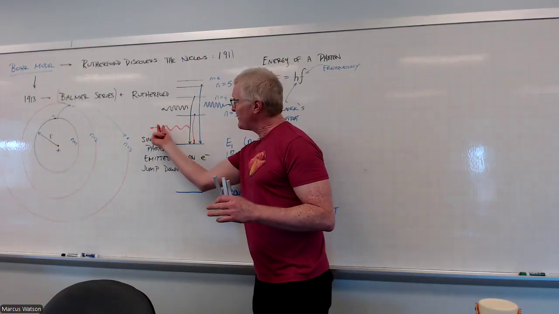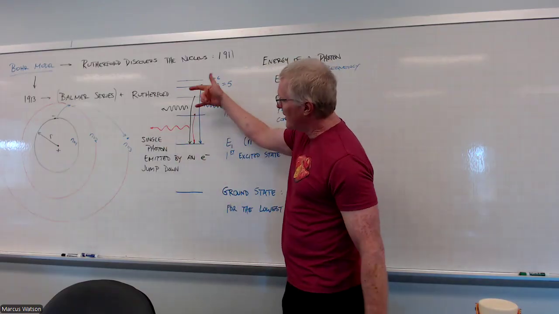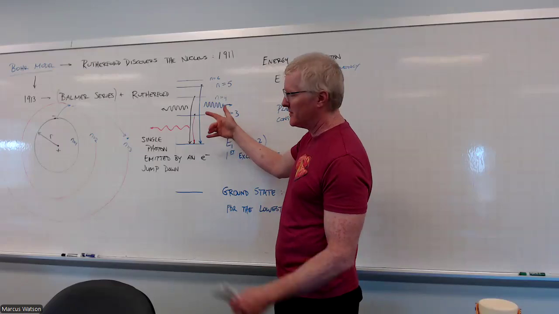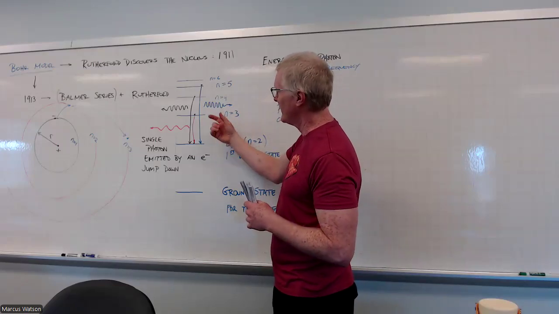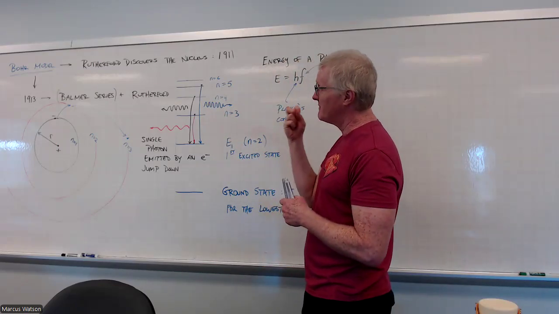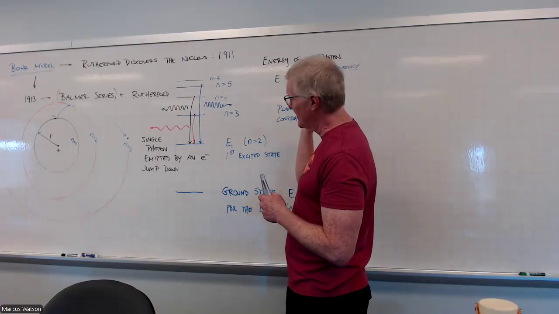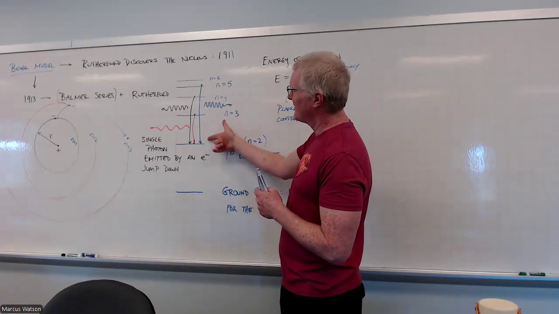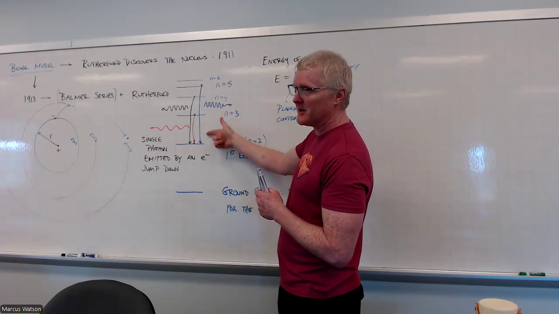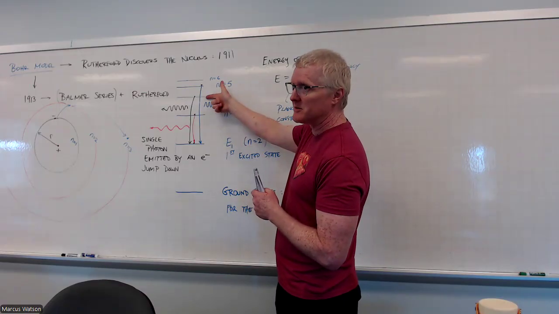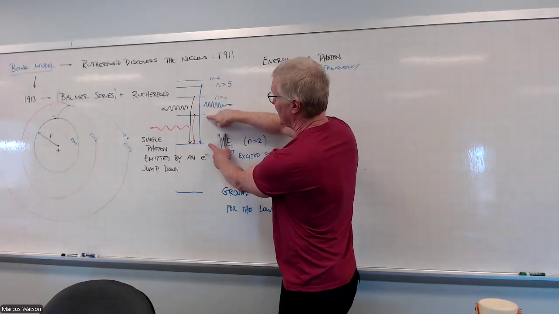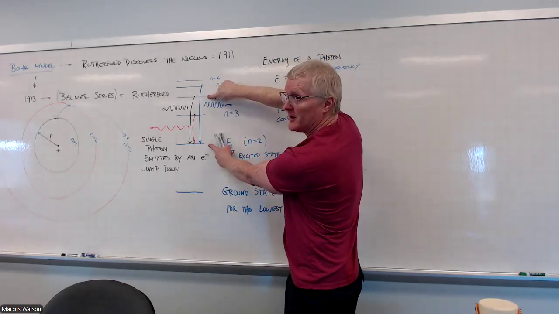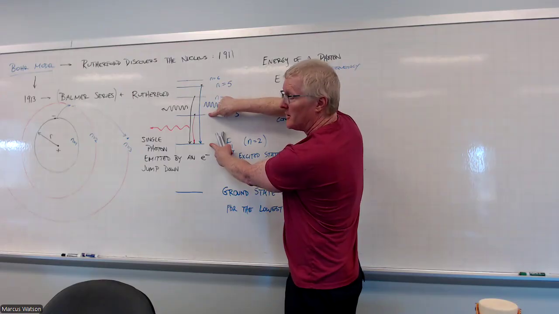If I take this photon right here, or I construct a photon that has this energy difference, because it's the difference between the levels, if I have photons of that energy and I'm throwing them at hydrogen atoms, I expect that this will be the transition. I'm not expecting that to be the transition, because there's not enough energy in the photon to get it from here all the way up to here. It can go only here to here.